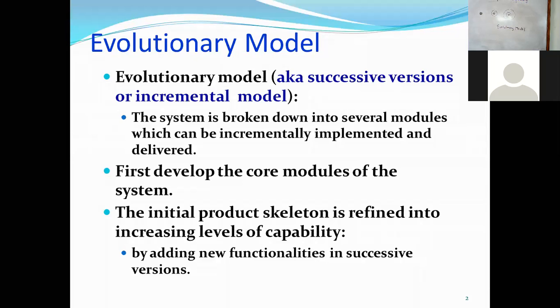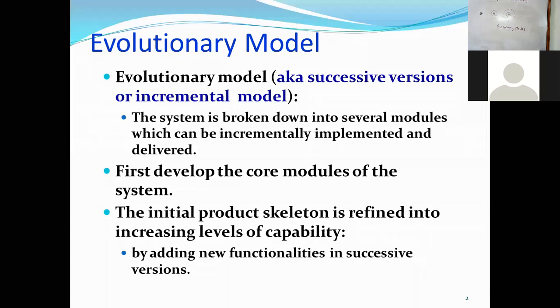You can see in this diagram on the board, the dot represents the first core. After that core the next layer is developed, and after that the next layer.